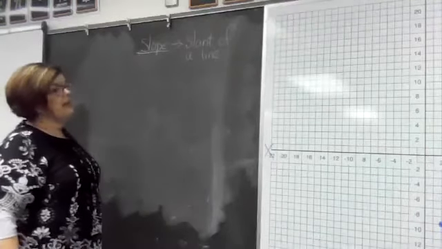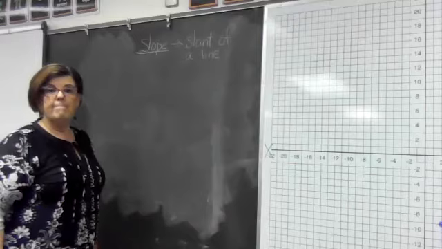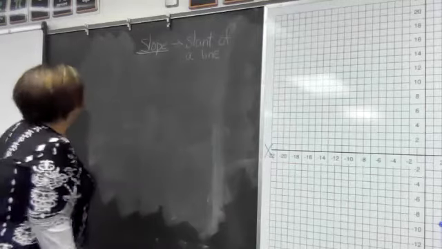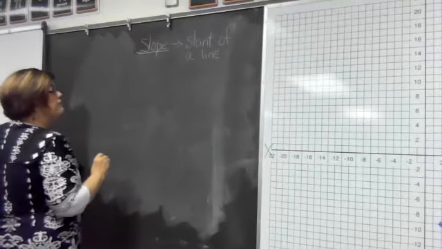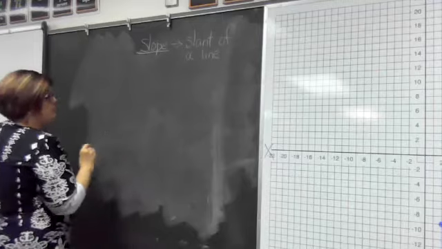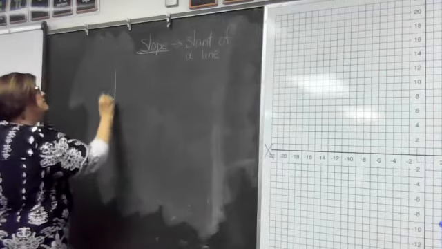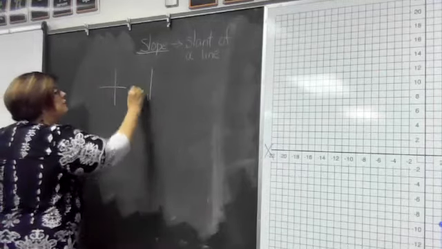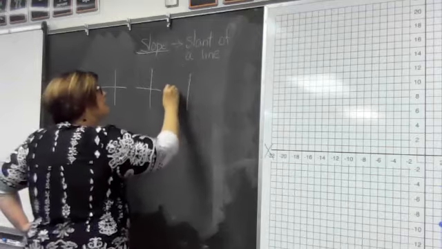Okay, it's just the slant of a line on the graph. Okay, so there are 4 different types of slopes. I'm going to draw the little graph here.